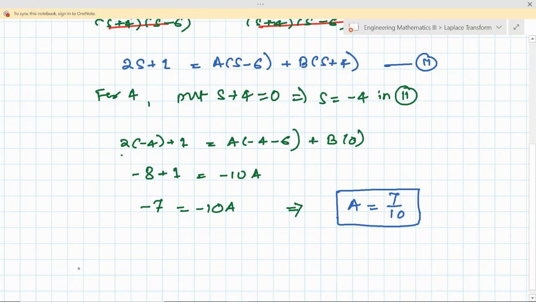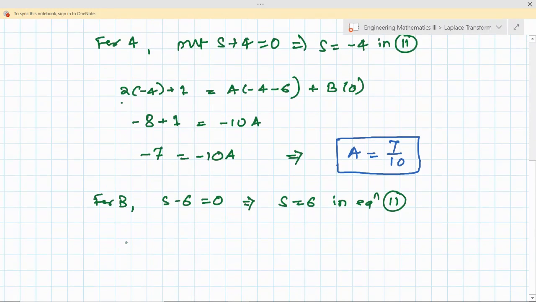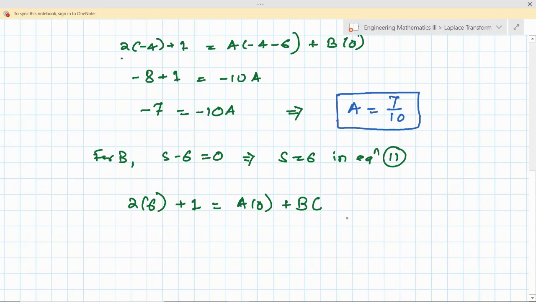Now for the value of b, make the coefficient of a zero. So s − 6 is equal to 0, that is, s = 6 in equation number 2. So 2 into 6, plus 1, is equal to a into 0, because s − 6 is 0, plus b into (6 + 4).